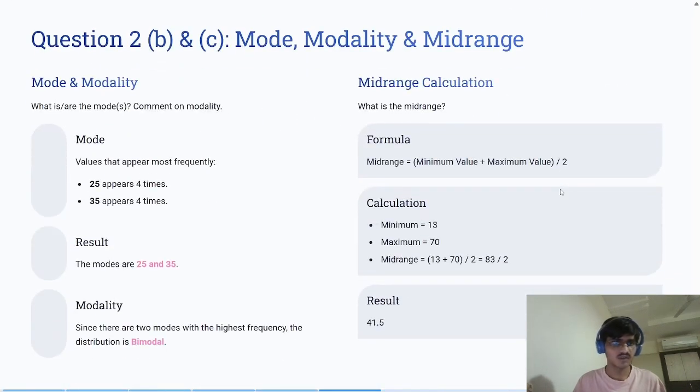The mode is 25 and 35 because both appear 4 times, and the modality of this distribution is bimodal. For the mid-range, mid-range equals minimum value plus maximum value divided by 2, and the result is 41.5.